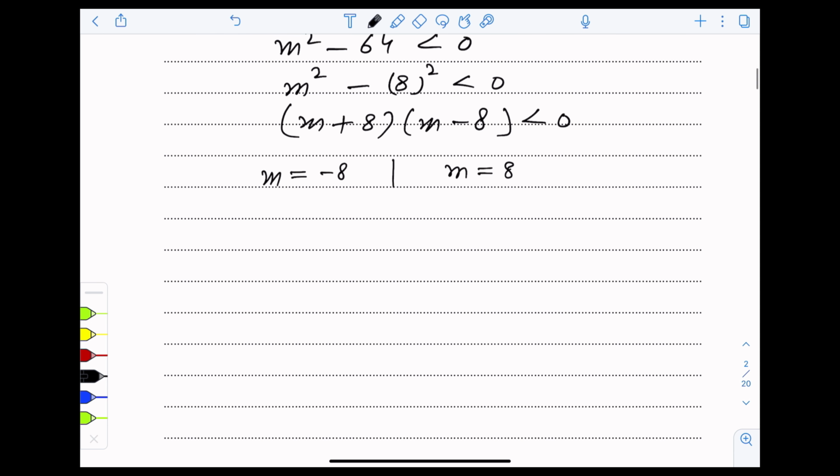Now set of values we will find by this. This line is the x-axis. This is a curve. The smaller value is on the left, this is minus 8, this is plus 8.